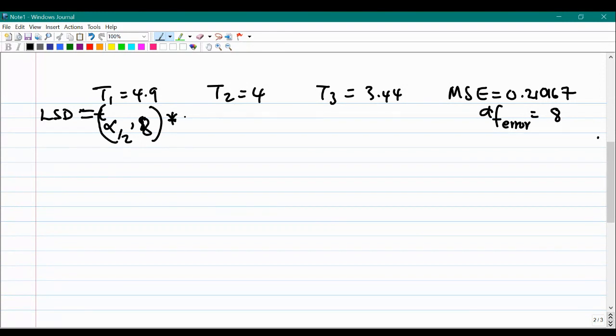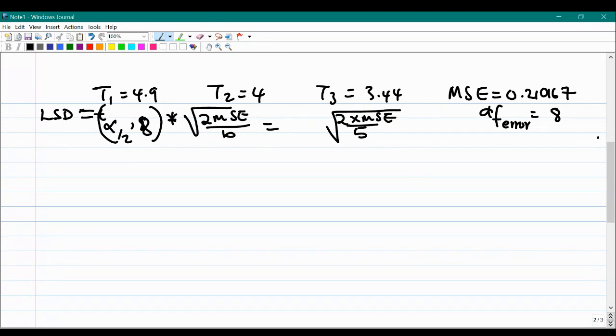You multiply it by the square root of 2 MSE over B. We agreed that we have 5 blocks, right? Yes, sir. 5 blocks, 2 multiplied by MSE.